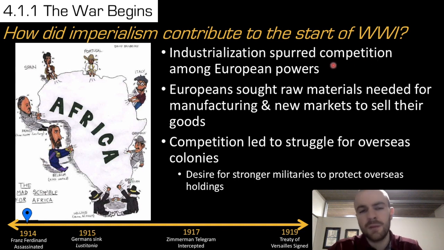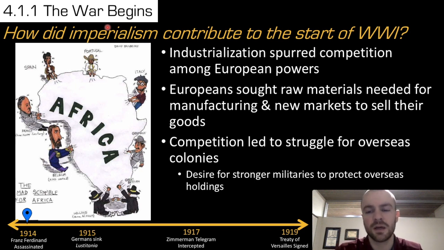Well, imperialism, as you are already aware, because we had spent a whole unit talking about imperialism right before the semester had ended, is this process by which a country expands its influence, usually globally, through diplomatic relations, or more often, military force.